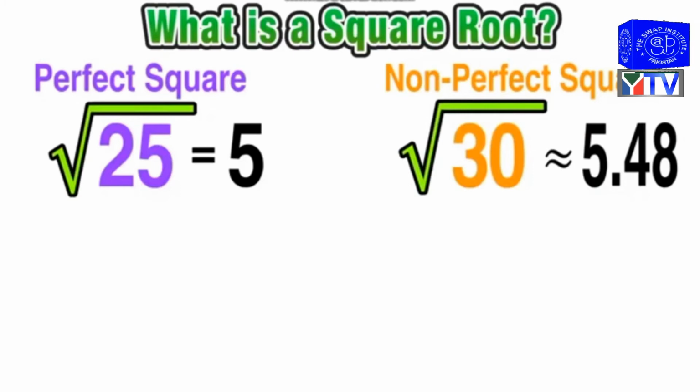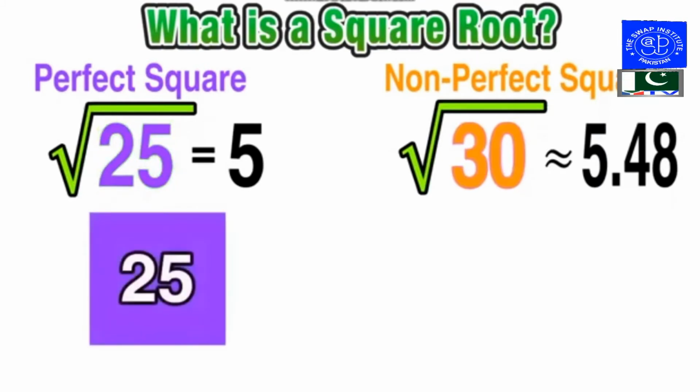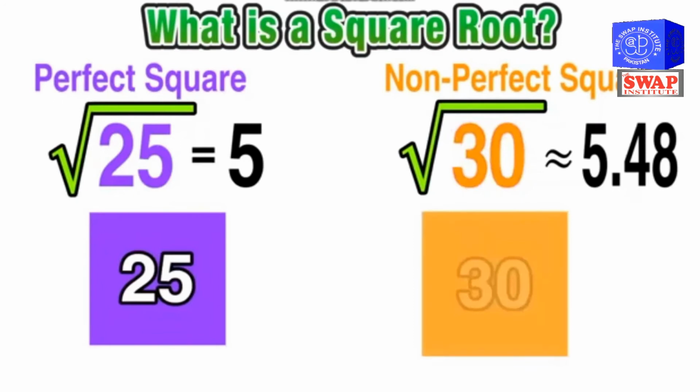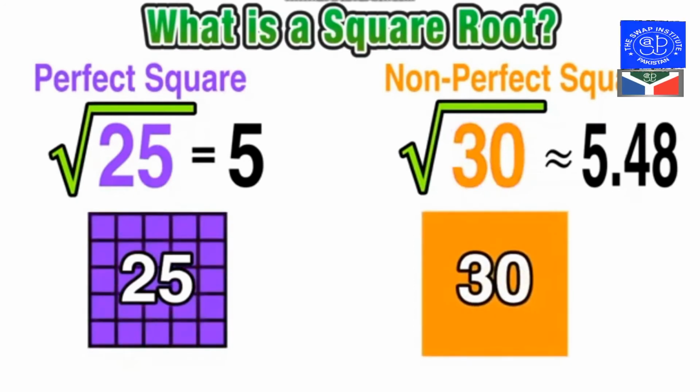We know that 25 and 30 are very close to each other, and if we think about these numbers in terms of area, we know that 5 times 5 makes 25.